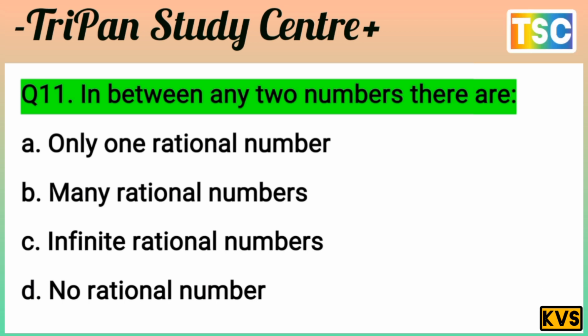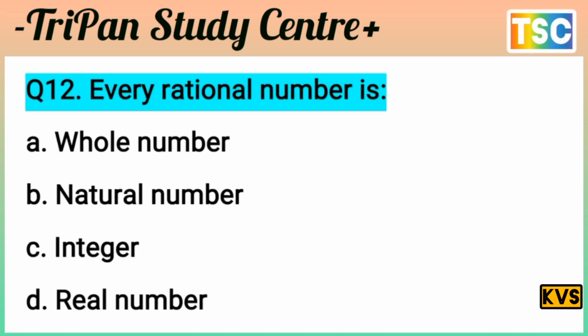Let's see the next question. That's important. Every rational number is: A, whole number; B, natural number; C, integer; D, real number.